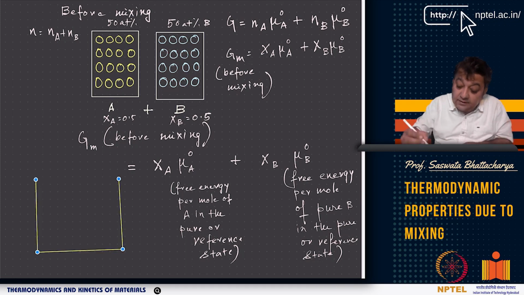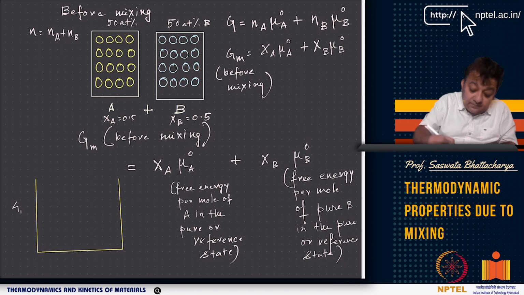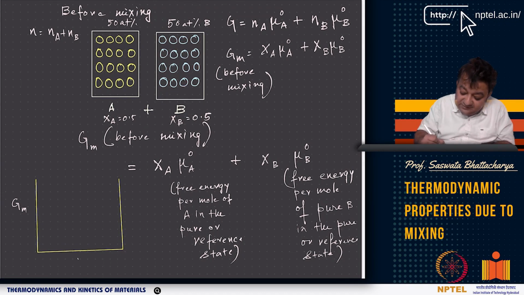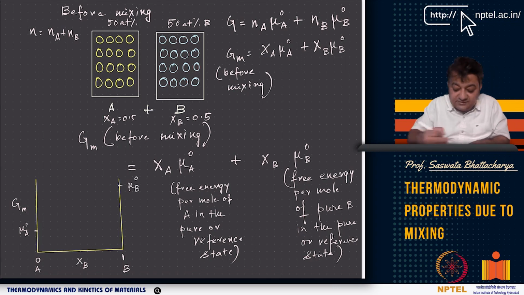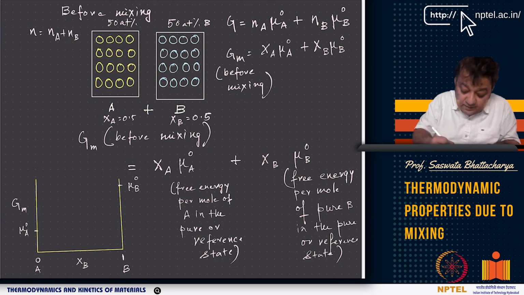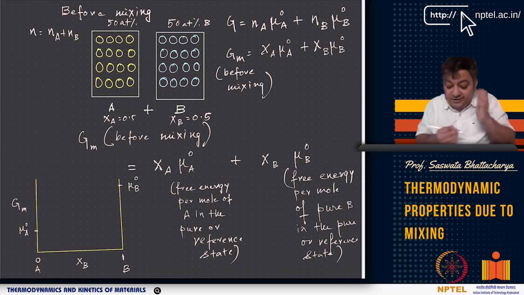Here you are plotting, say, Gm before mixing, and you have xB here. xB equal to 0 means pure A, and xB equal to 1 means pure B. You have mu s0 here and mu b0, the standard state values here. Or otherwise, the other way is also possible, like mu s0 somewhere here and mu b0 somewhere here. Whatever you can do.